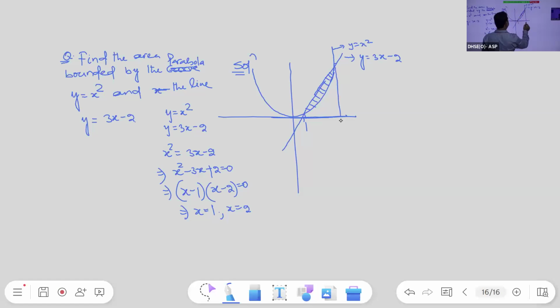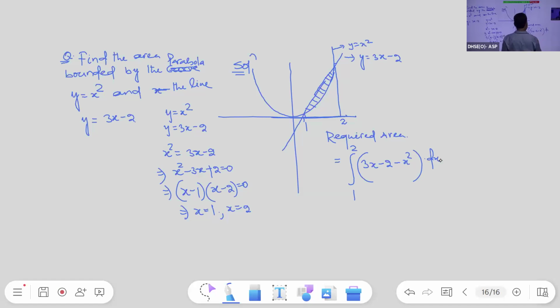Right? So required area is equal to, the upper curve is the line, integral 1 to 2, upper curve is 3x minus 2, minus lower curve is x square, into dx.